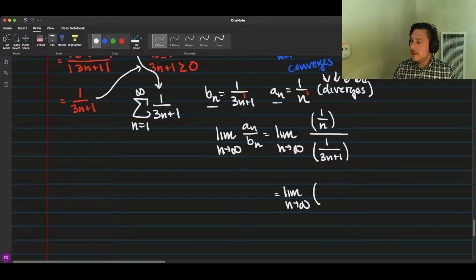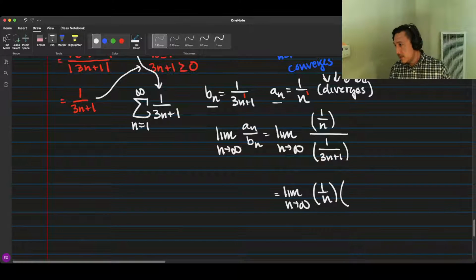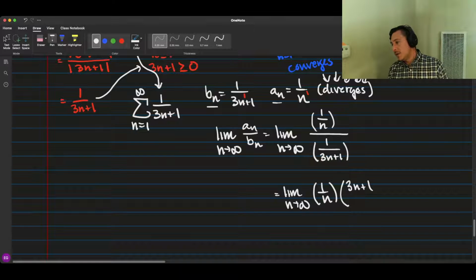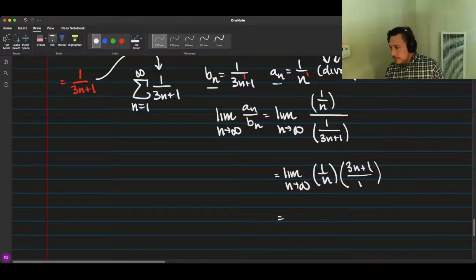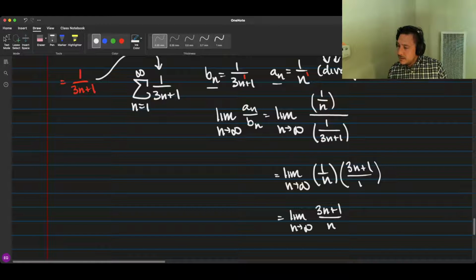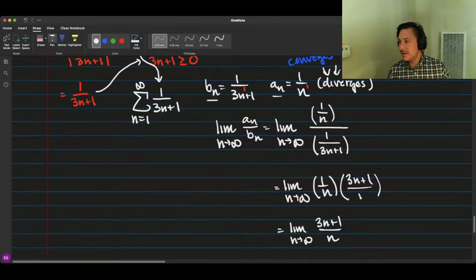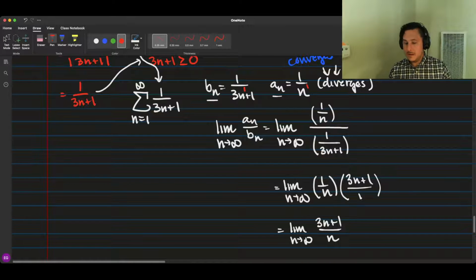So we get 1 over n divided by a fraction, so we can multiply by the reciprocal. So we're going to get 3n plus 1 over n. And when you take the limit of that, what are you going to get? You're going to get 3.